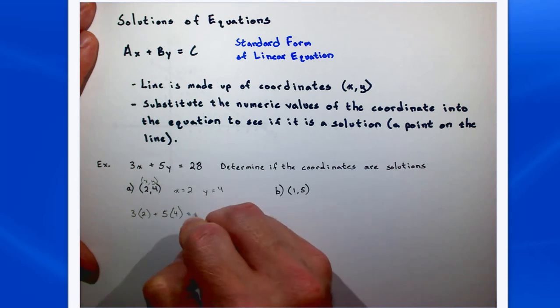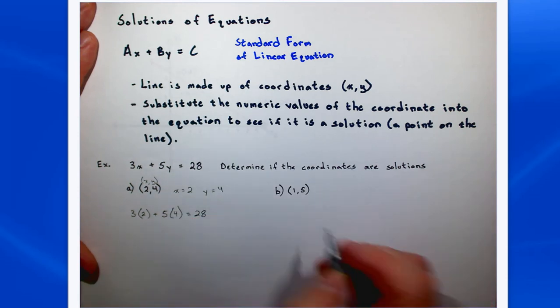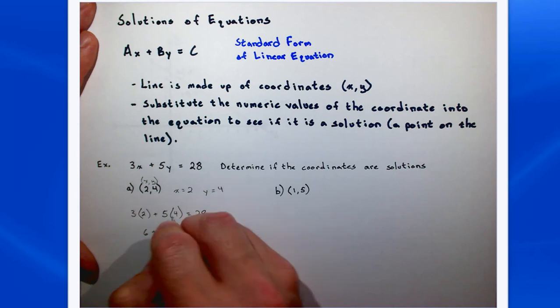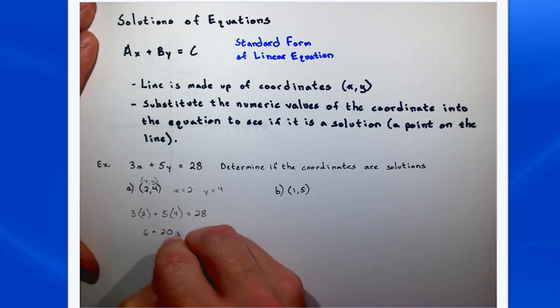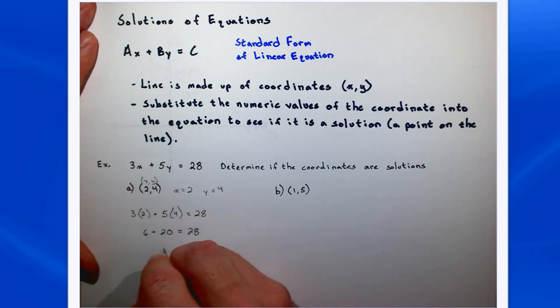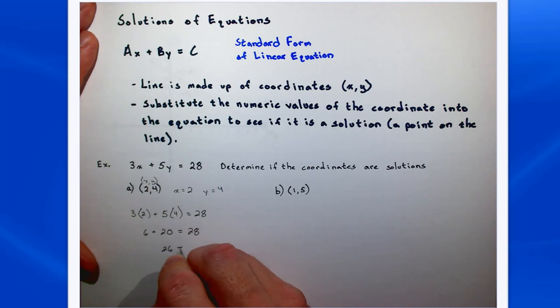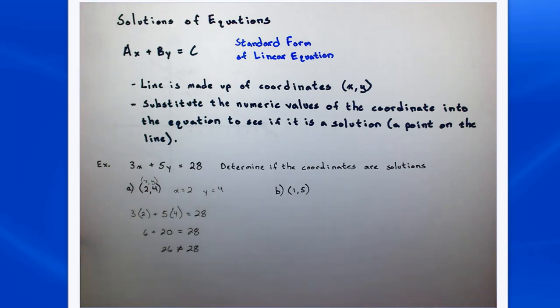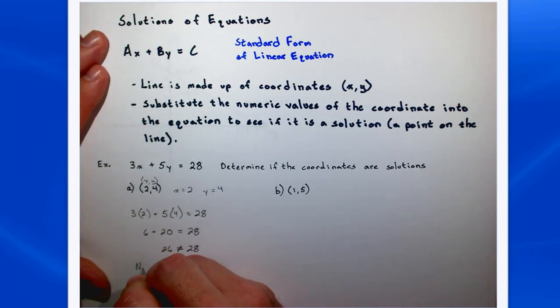And I'm going to see, does that equal 28? 3 times 2 is 6. 5 times 4 is 20. It doesn't look it. Looks like I have 26. So 26 does not equal 28. This is not a solution. It means that this point is not on the line.